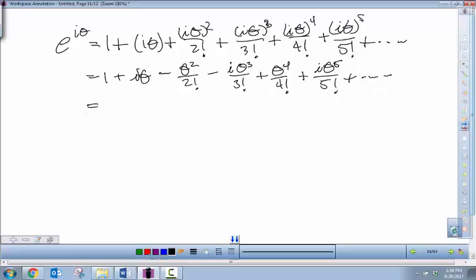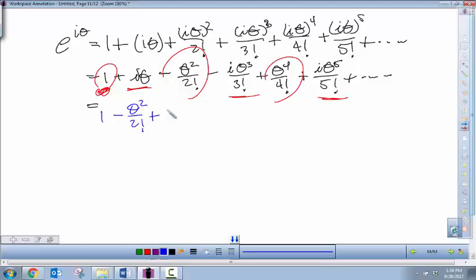So what we want to do, like we do with all complex numbers, is collect all the real terms together and separate that from all the imaginary terms. So the real terms: 1 minus theta squared over 2 factorial plus theta to the 4th over 4 factorial. And if you can imagine a pattern, what's the next one?